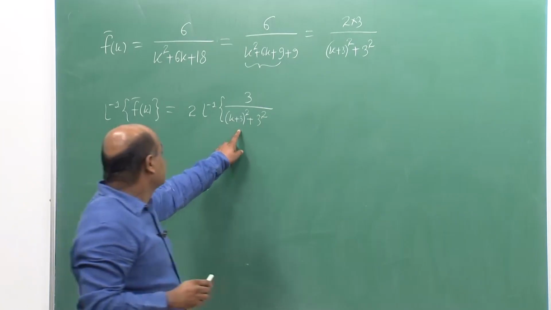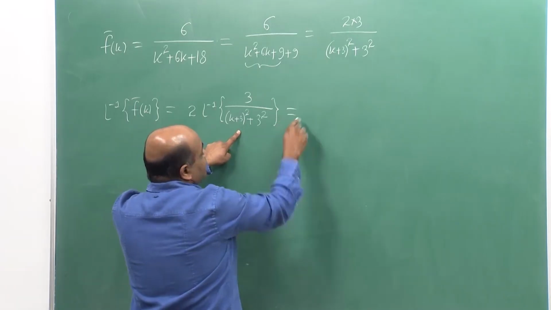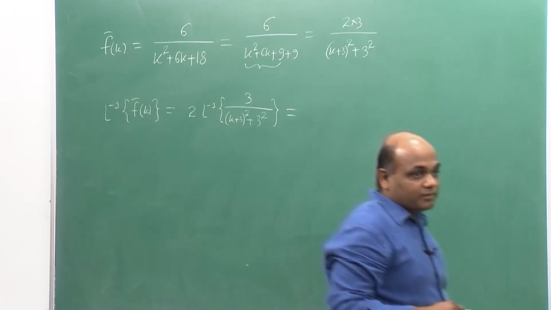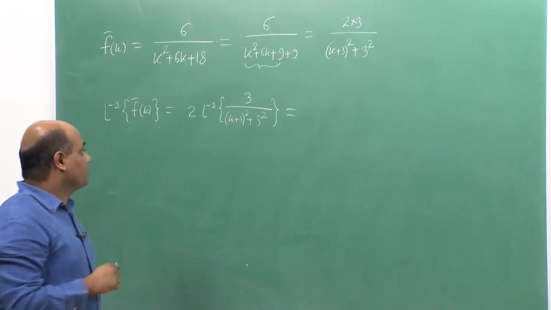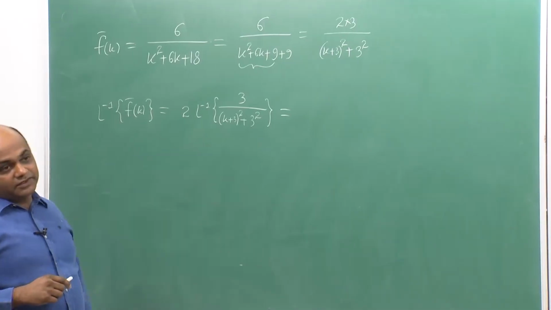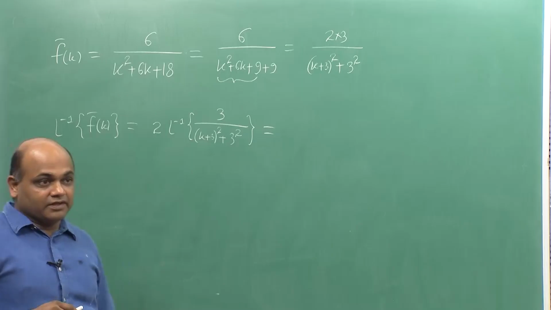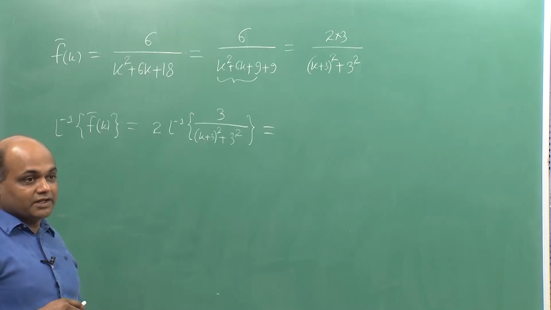So, this looks similar to the expression for the Laplace transform of sin omega t with omega equal to 3, and instead of k we have k plus 3. So, we use the k shifting theorem.